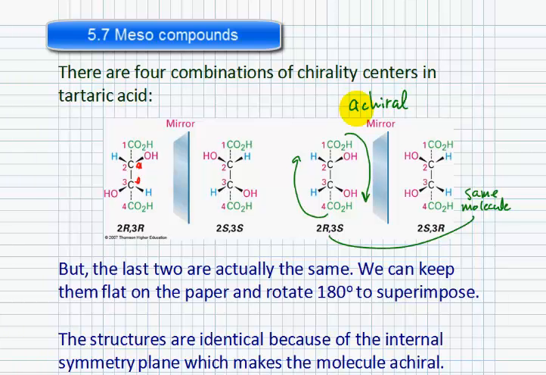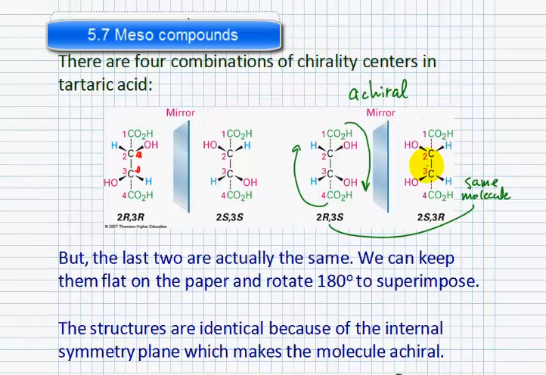If something can be the same as its mirror image, I can hold this in the mirror and it looks the same as the molecule itself. Especially if I turn it around, I can get the same thing. These are not the case. If I turned those around, I could turn this around and it's the same as itself, but not the same as its mirror image. So these 2 structures over here, it's actually the same molecule.